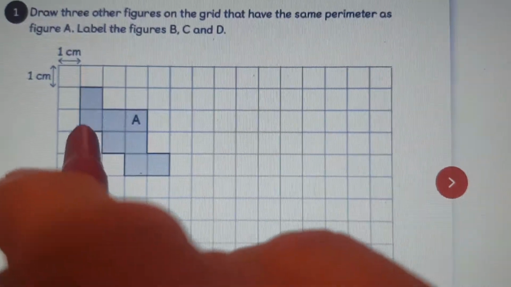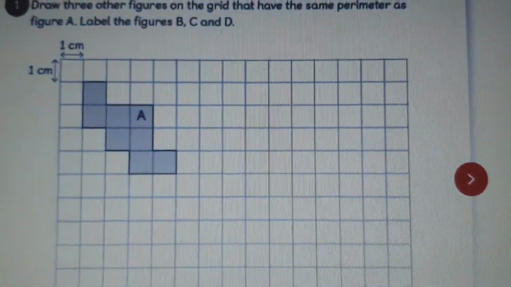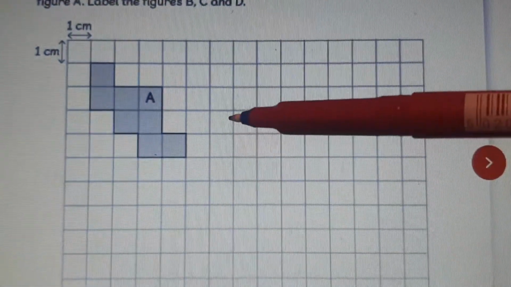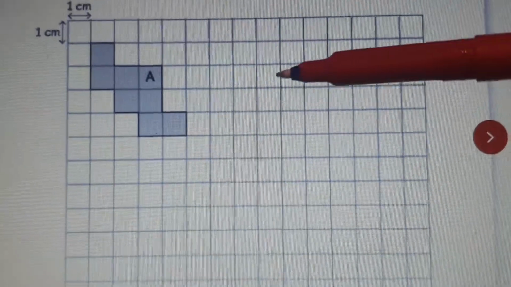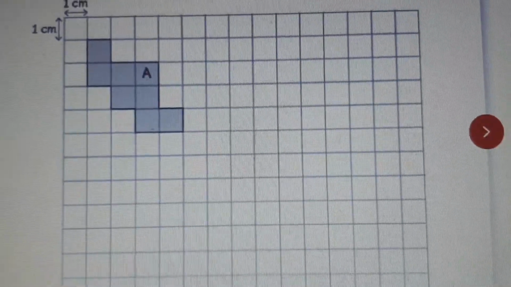So our first step is to know the perimeter of shape A. 1, 2, 3, 4, 5, 6, 7, 8, 9, 10, 11, 12, 13, 14, 15, 16. So that has a perimeter of 16 centimetres. What you need to do is draw 3 more figures with a perimeter of 16 centimetres. It could be a similar shape, not the same.